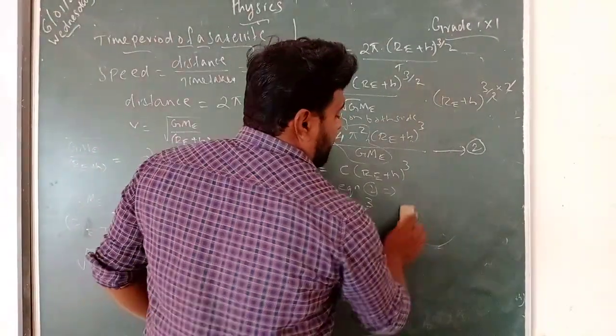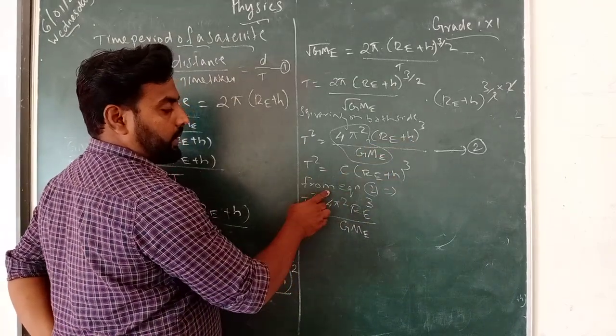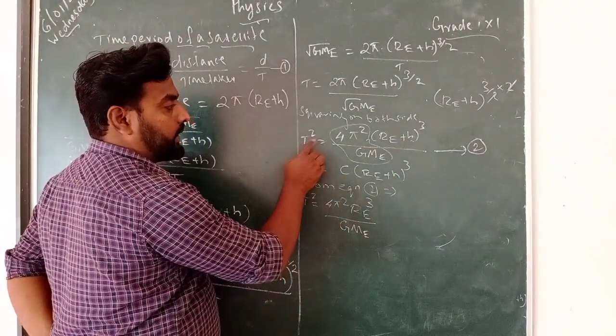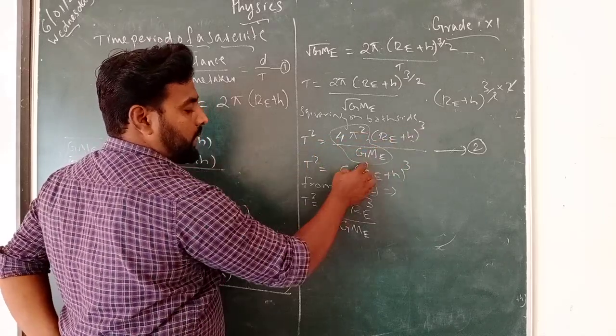From equation 2 we are writing T square is equal to 4 pi square R_e cube by GM_e.